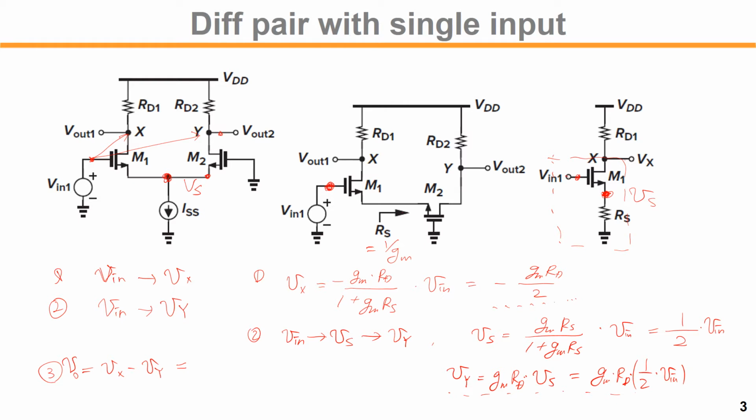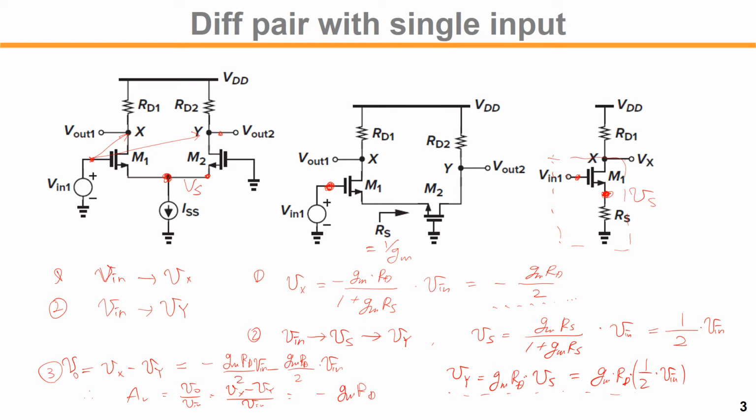That would be minus Gm Rd over 2 minus Vin, minus 2 Gm Rd times Vin, right? So finally, the differential gain Av would be Vout over Vin, Vx minus Vy over Vin, which will be minus Gm Rd.